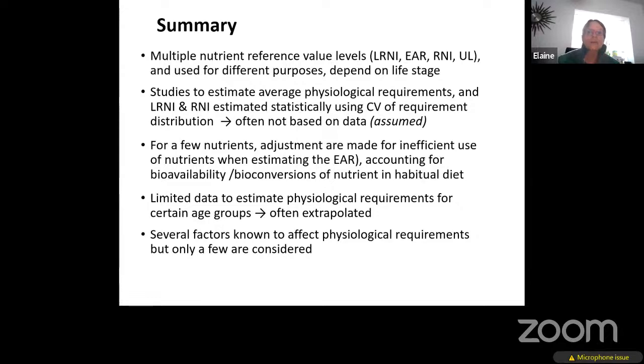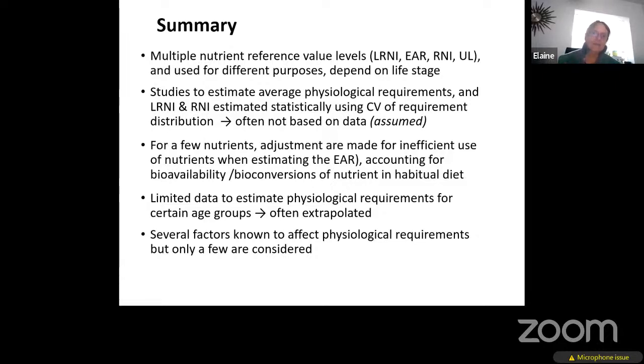The studies to estimate them are based on statistical definitions with an assumption in terms of the variability in the requirement distribution, which is often not known very well. For a few nutrients, adjustments are made for inefficient use of nutrients when estimating the EAR that account for bioavailability or bioconversion. So they need to know information on the diet patterns.